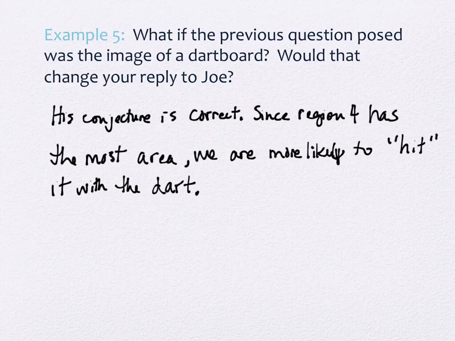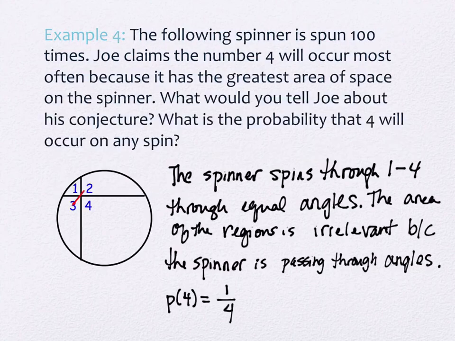We can't actually tell you exactly how probability works, though, for that image. Because of the way it's divided up, it does not lend itself for us to be able to say, hey, it's like 50% chance that we're going to hit region 4, or 72%. We don't have the ability to know that with this image.